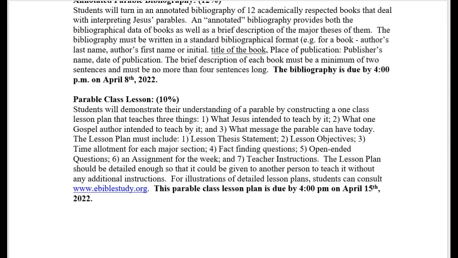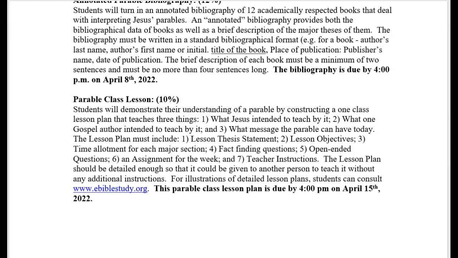In other words, if you were writing this lesson and you wanted to hand it to someone in order to teach the lesson, what instructions would you give to that teacher about how to teach this lesson? So if you have instructions for them, in other words, how to engage the class, how to help students be prepared, getting any kind of materials.